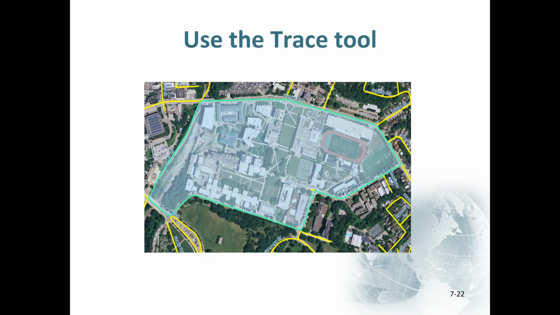If you want to trace the whole downtown campus in this map, the trace tool will allow us to pick up those features and do a better job, instead of you zooming in and going inside to pick it up.